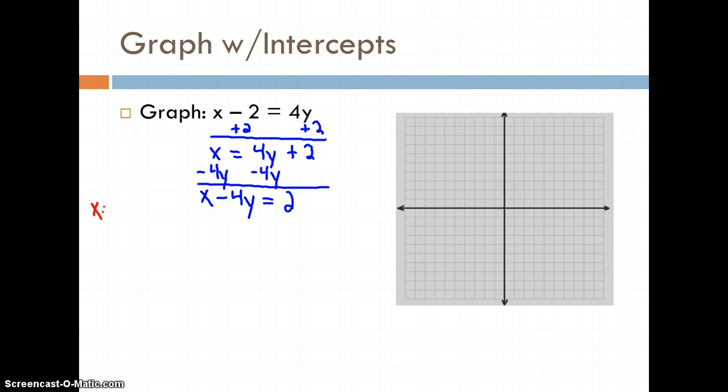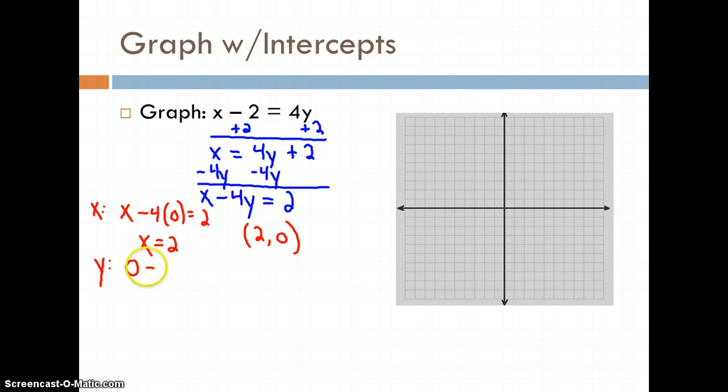Again, the x-intercept, we make y 0. This one's actually the easy one on this one because 4 times 0 is 0. We get x equals 2. So (2, 0) is one of our intercepts. The y-intercept, we do the same thing as before.